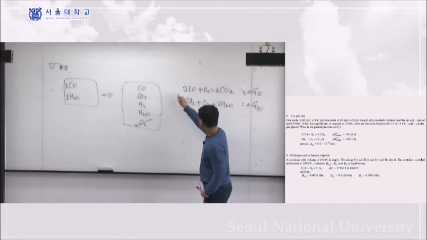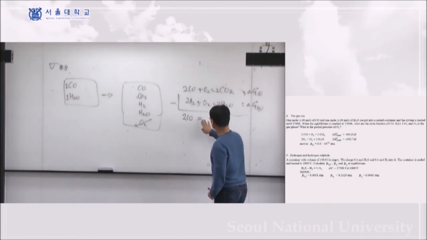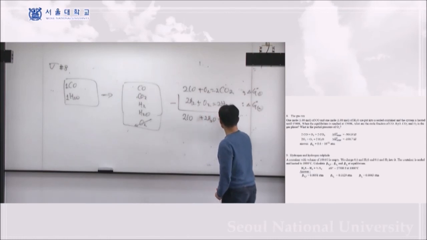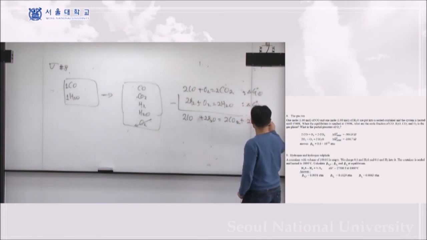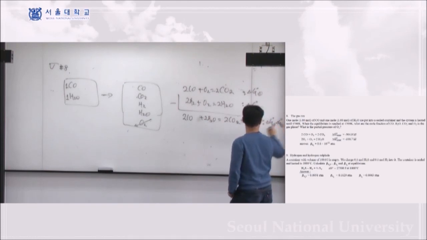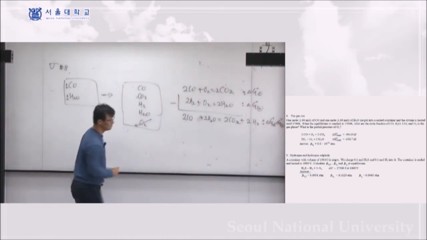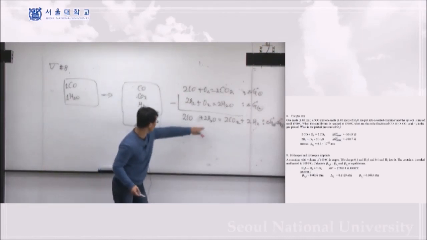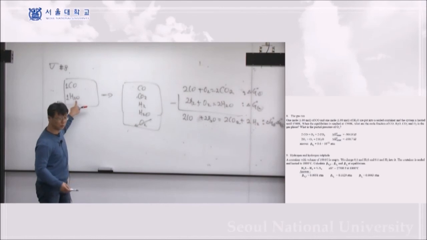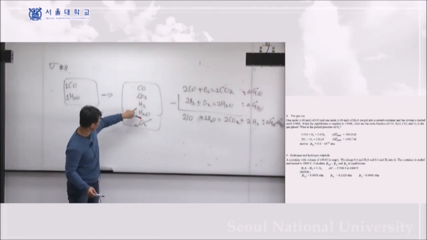If you just combine them together, then 2 moles of CO will produce, plus H2O. So I have this chemical equilibrium in this system: CO reacts with H2O and produces CO2 and H2.